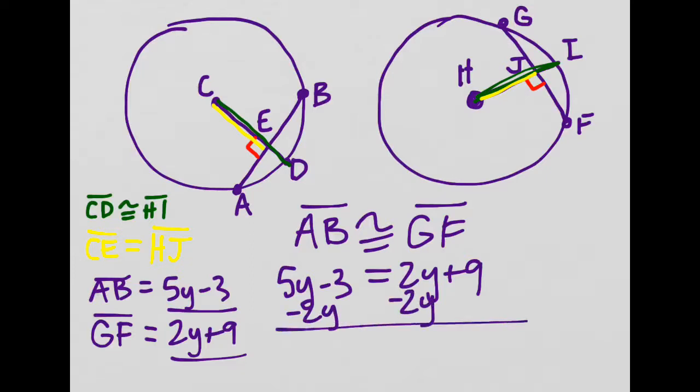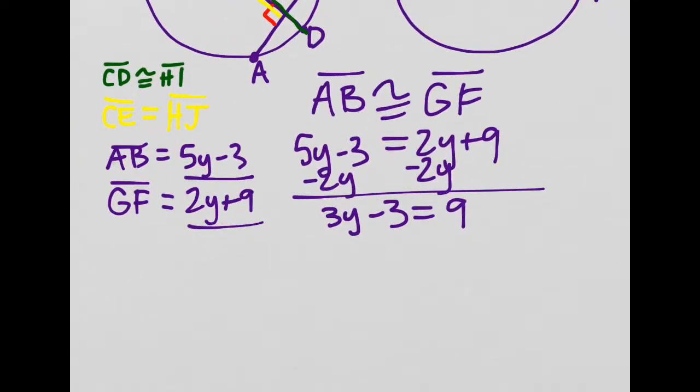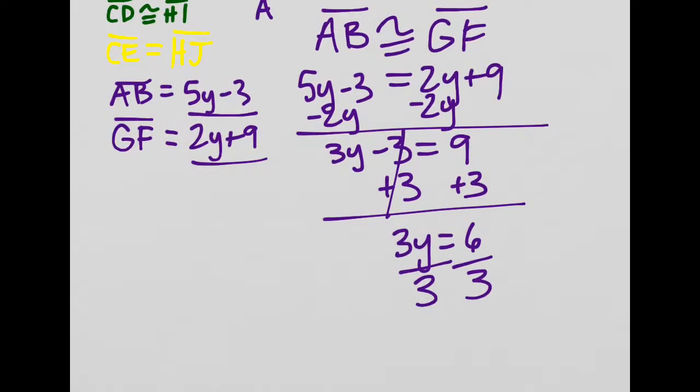That gives me 3y minus 3 equals 9. Now I'm going to add 3 to both sides so that I can eliminate this. I'm going to have 3y is equal to 6, divide by 3. So y is equal to 2.